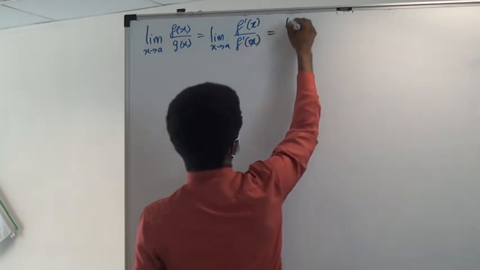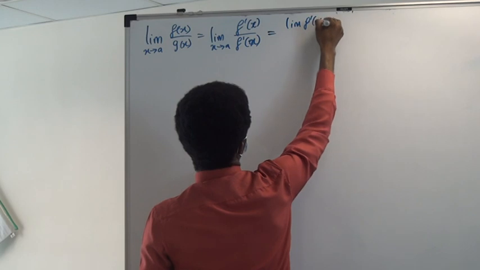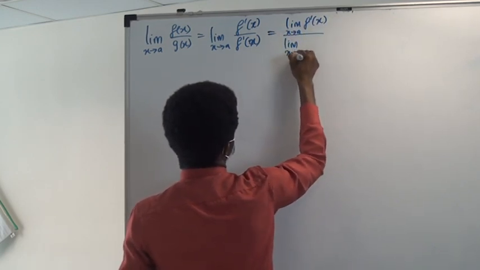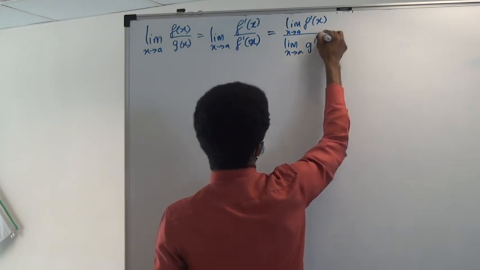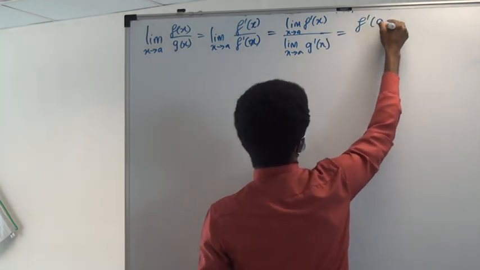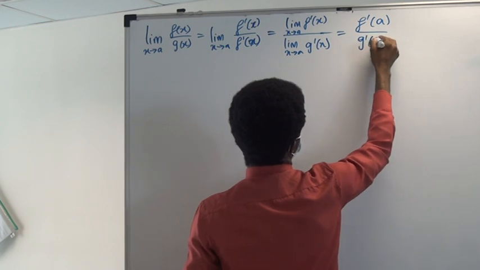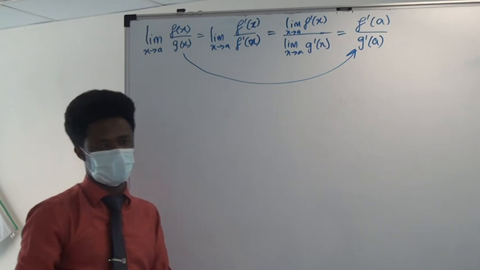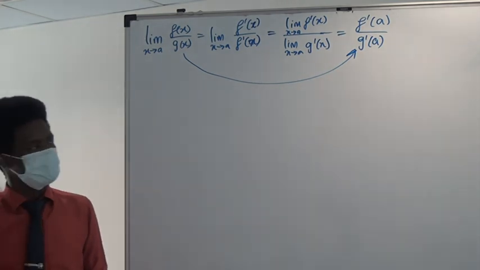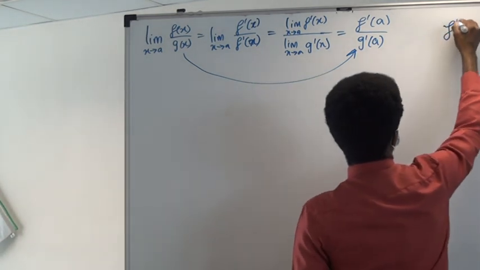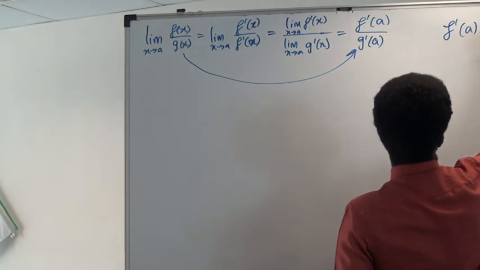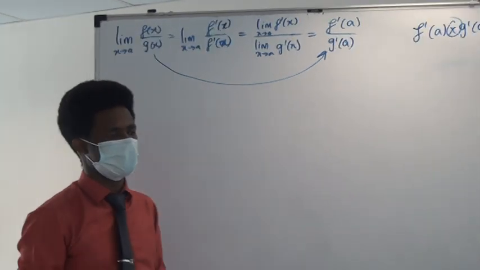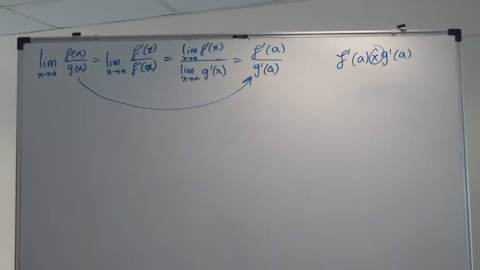So this actually is the limit of that, and if that limit exists, we're saying this is f prime of a over g prime of a. So this is equal to this. That's what L'Hopital's rule is talking about. L'Hopital's rule never said this is this times this. So I don't know where some people got this from. I saw that a lot in 2 different questions.